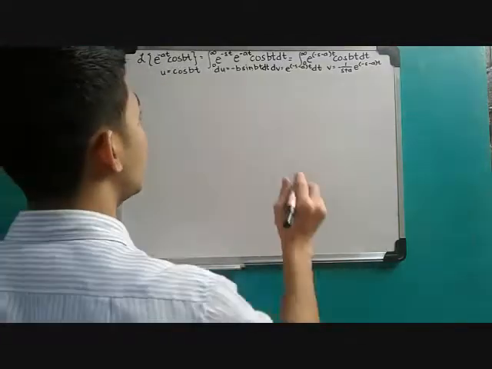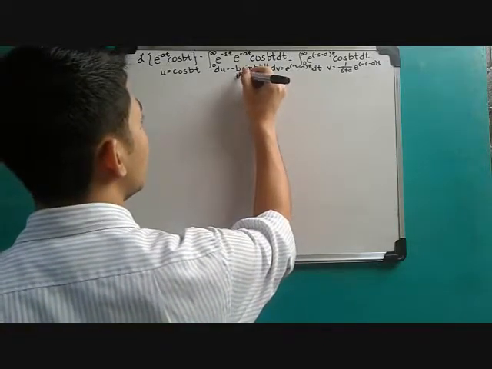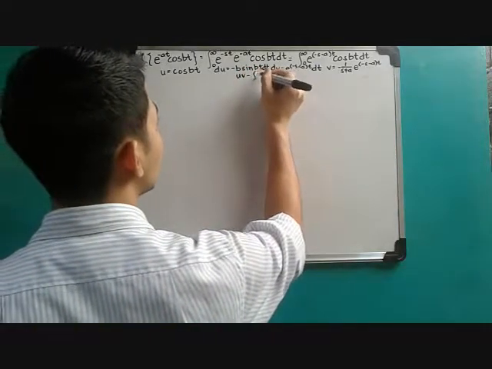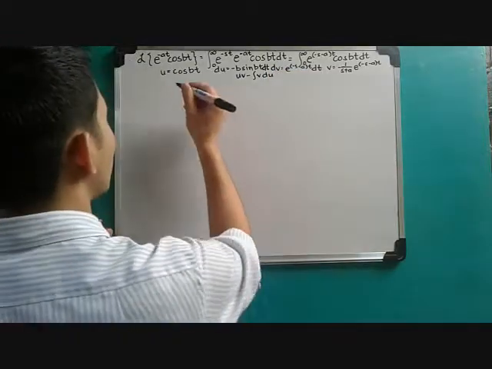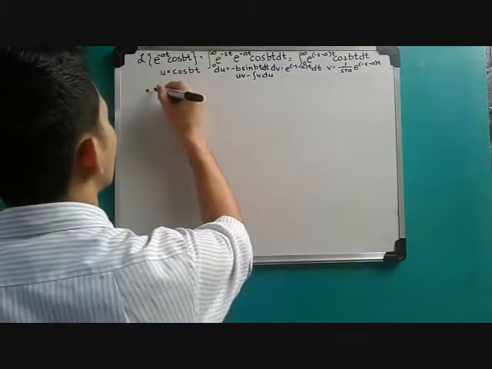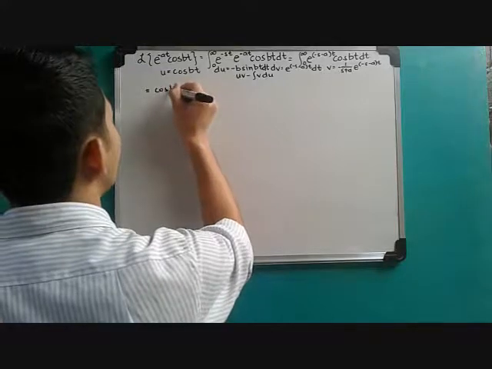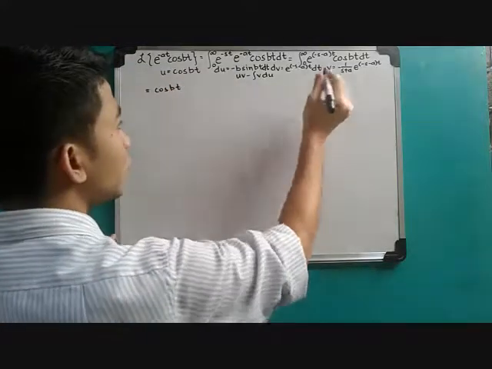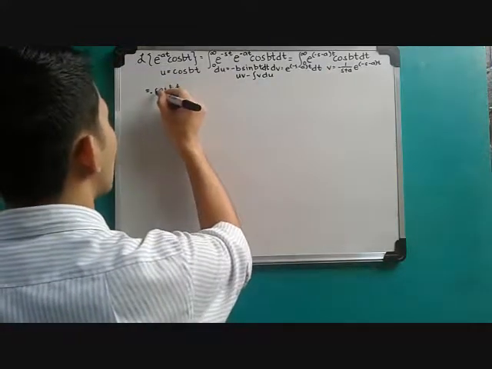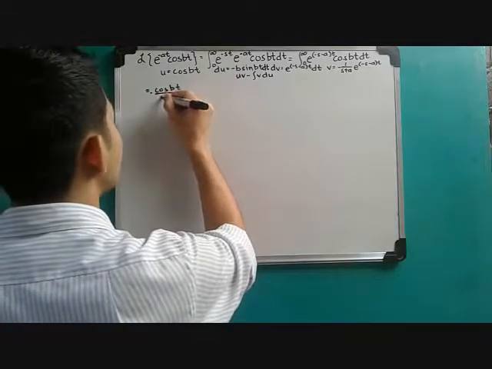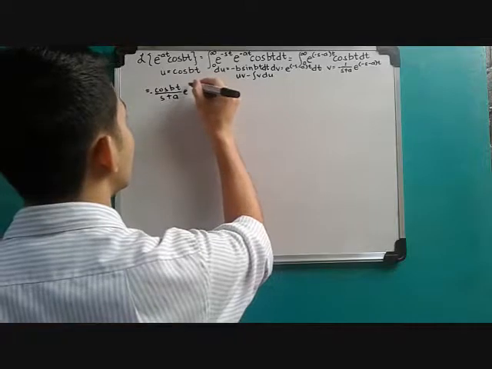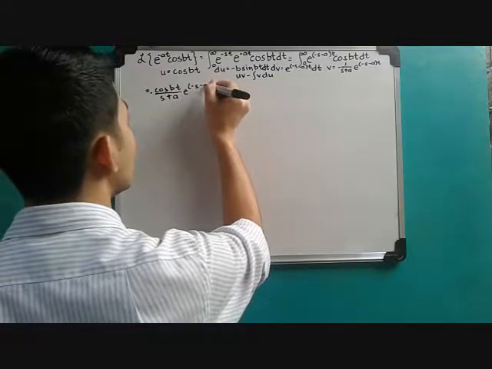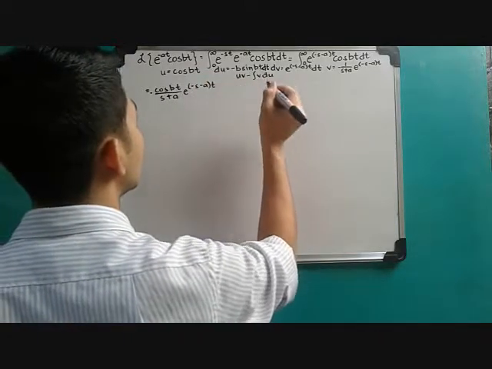So next is to substitute this using the formula uv minus integration of v du. Your u is equal to cosine bt. Your v is equal to negative 1 over s plus a times e raised to the quantity negative s minus a times t.